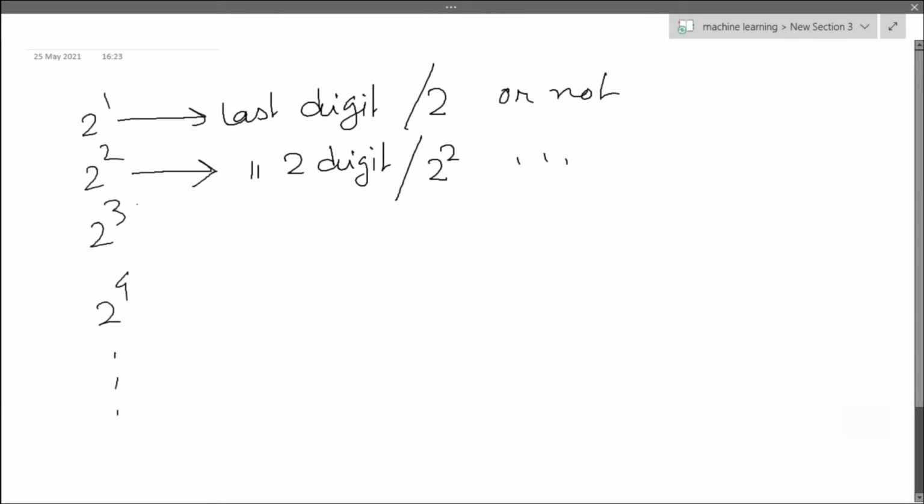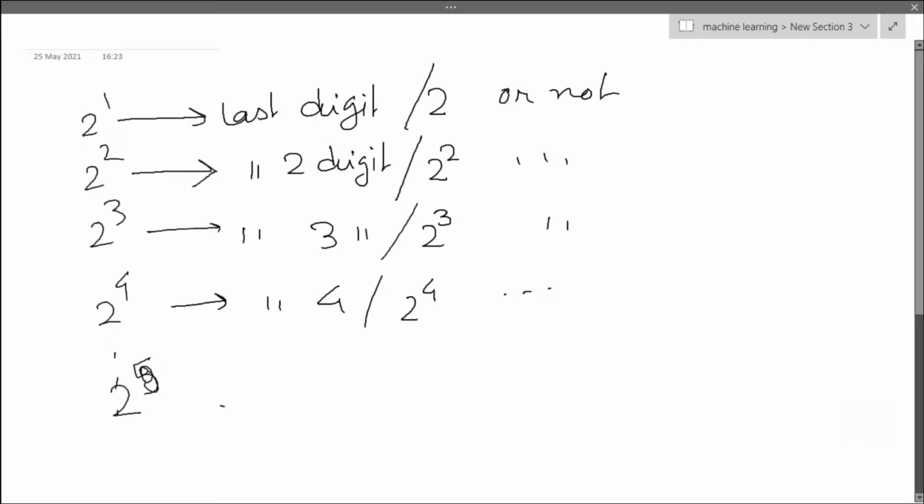For 2 cube, check the last 3 digits. For 2 to the power 4, check the last 4 digits. In case of 2 to the power n, check the last n digits whether they are divisible by 2 to the power n or not.